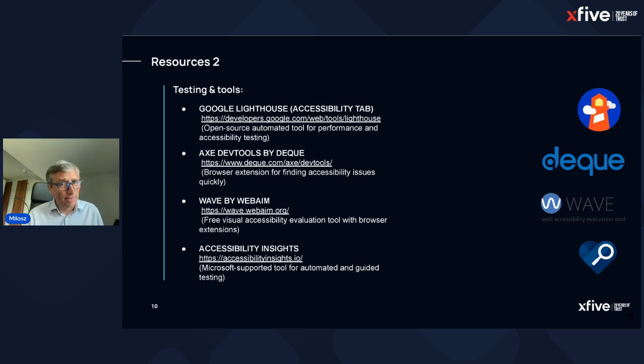Those tools can catch basic issues and help you shift left in your development process. But just remember, tools help you get started, but real accessibility requires human eyes and empathy. Always test with assistive tech, and even better, test with users who rely on it.